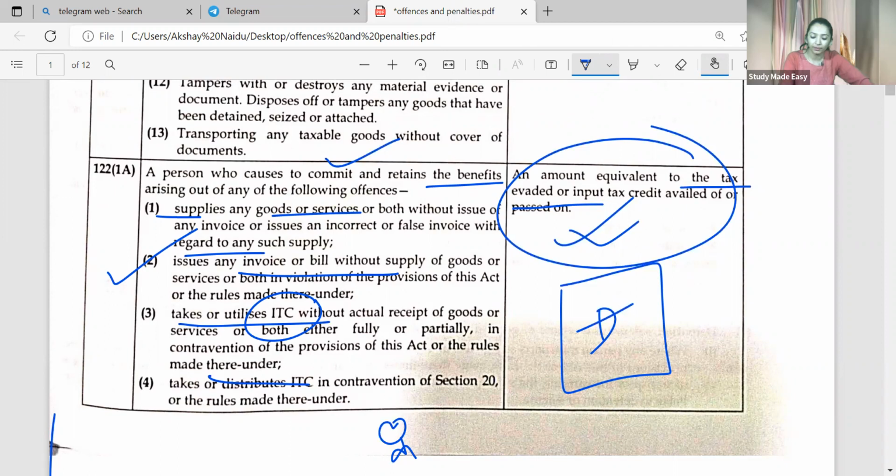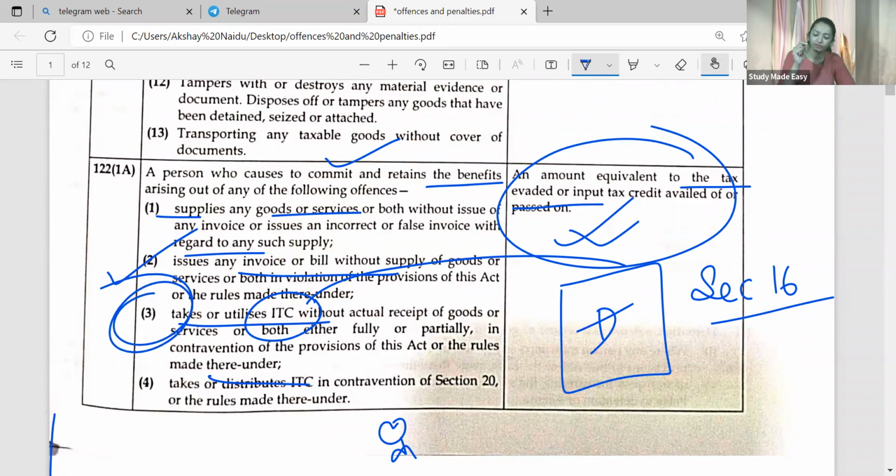If you remember, section number 16 was there in my ITC chapter कि if you want to take ITC goods, you should receive. तुम्हें गुड्स रिसीव होना चाहिए, सर्विस रिसीव होना चाहिए, and you are utilizing ITC without satisfying section number 16 का condition that you should receive the goods and service. वहां पे भी whatever you have did wrong, ITC evaded or ITC utilized, उतना पेनल्टी.